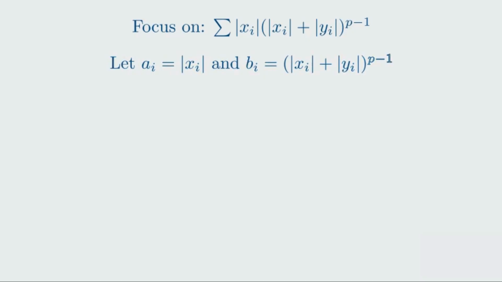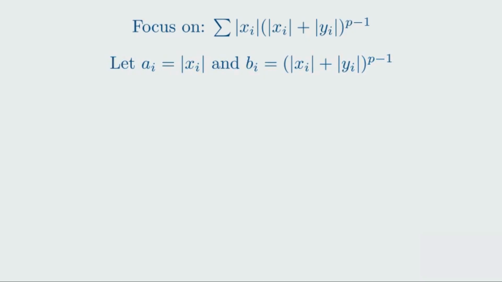The first is simply the sequence of absolute values |x_i|. The second is the sequence where each term is (|x_i| + |y_i|)^(p-1). So, we set our A sequence to be |x_i| and our B sequence to be (|x_i| + |y_i|)^(p-1).